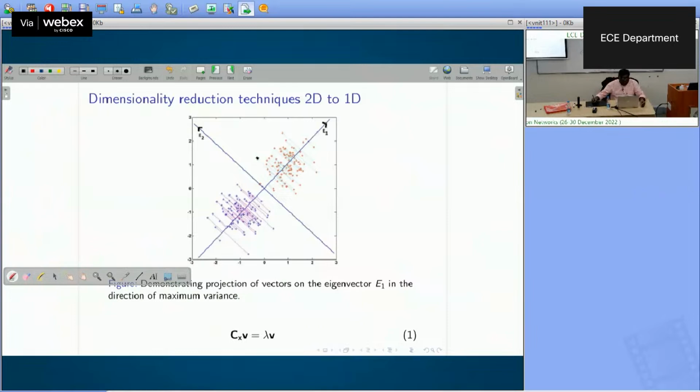If I want to represent this with reference to the standard basis, I have to project this point. Say this point is x comma y. I have to project this point on the standard basis, so this distance is x and this distance is y from the origin.